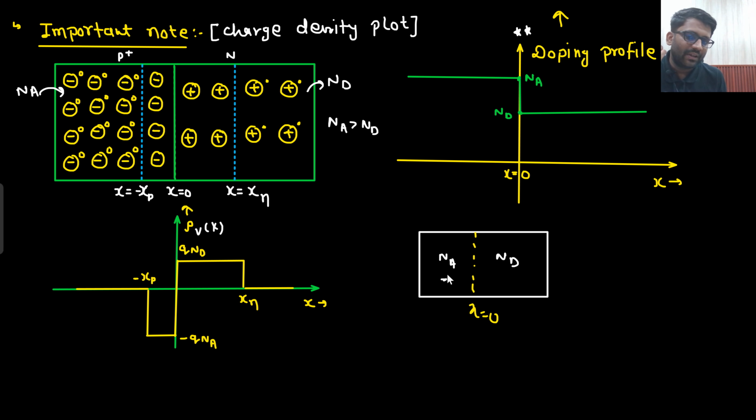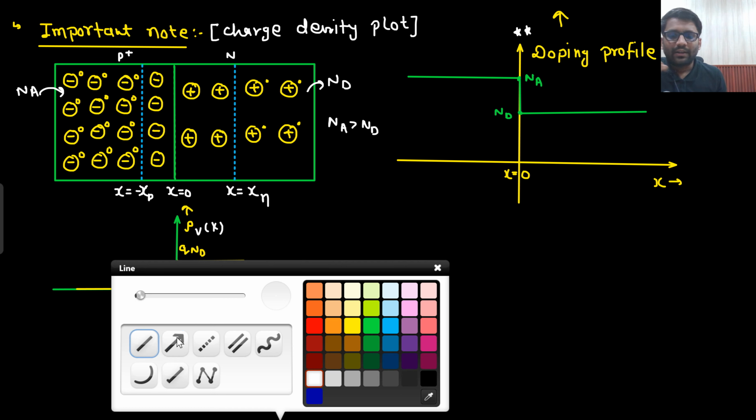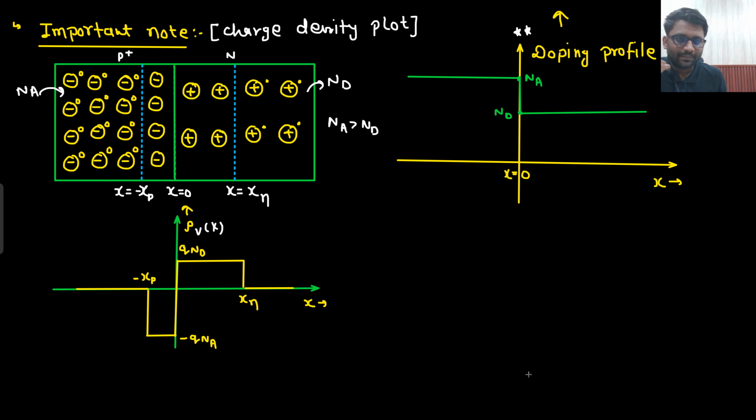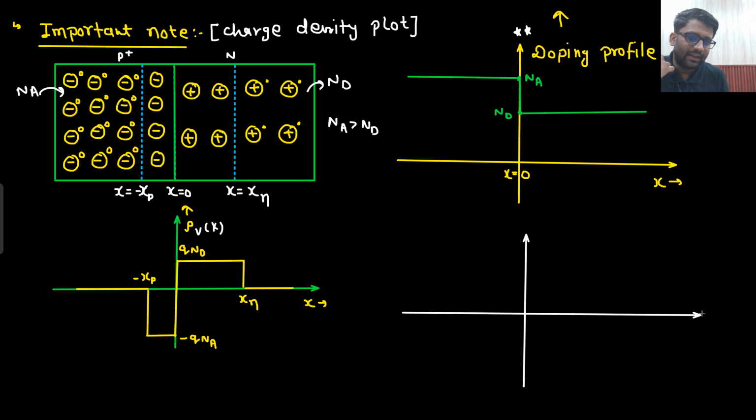That means here I am doping negative charge holes, and here I am doping positive charge electrons. This is the doping I am doing, and Na is greater than Nd. Now what do I do? I will draw the graph of Nd(x) minus Na(x).